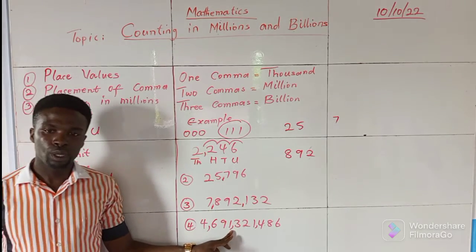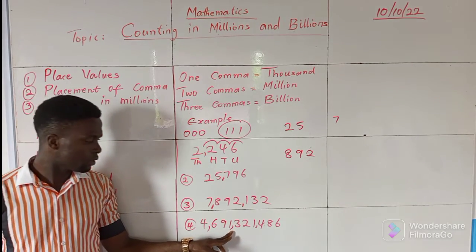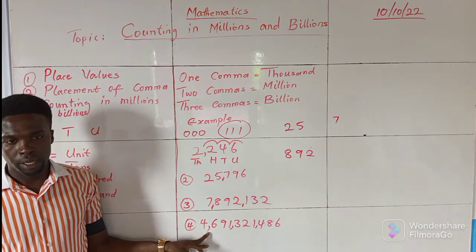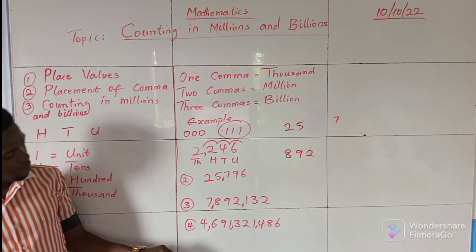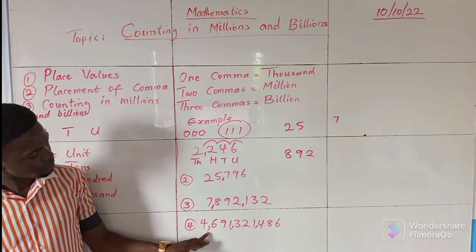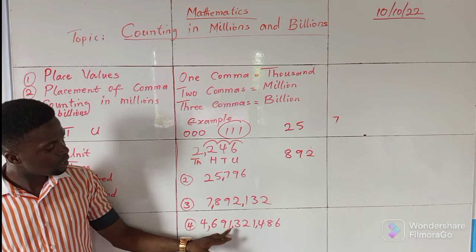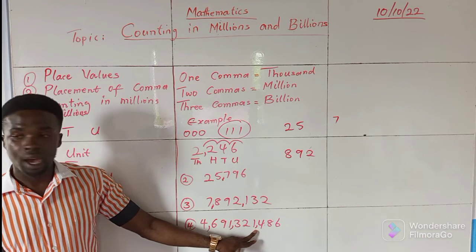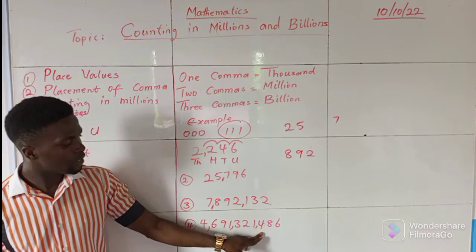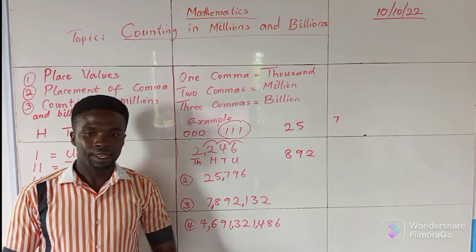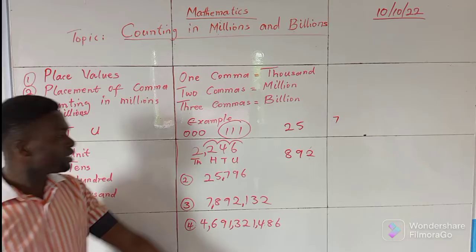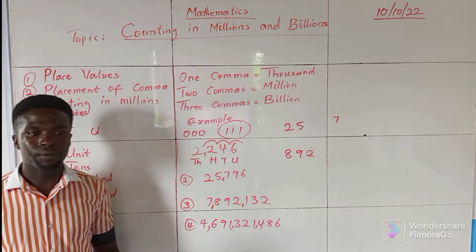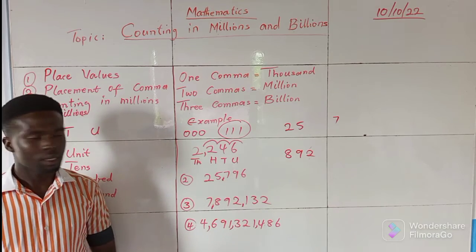The second one is what? Million. Very good. Then the third one is what? Billion. Is that clear? So here you have 4 billion 691 million 321,486. Okay? So now you are seeing how we separate the numbers, very easy for us to pronounce.